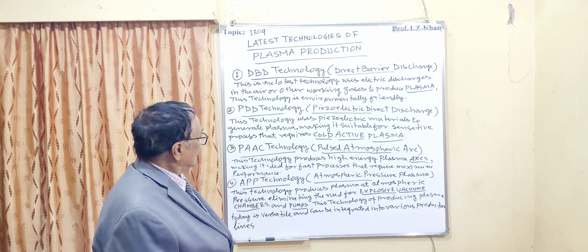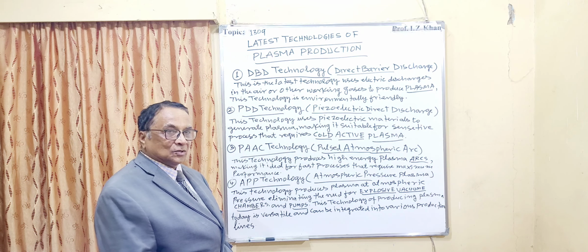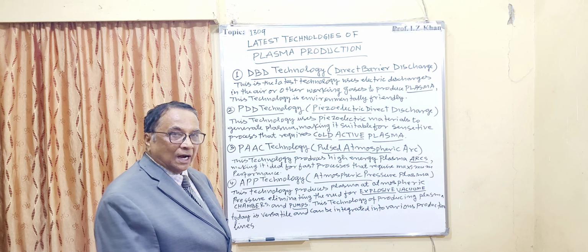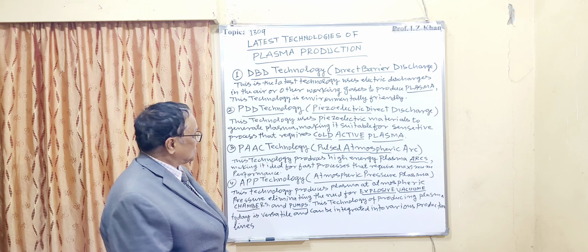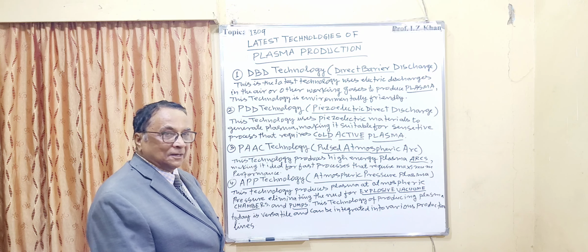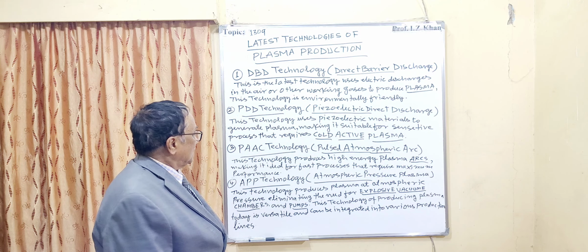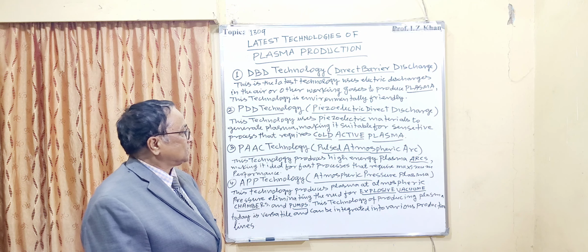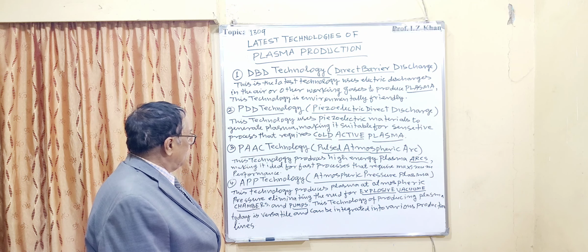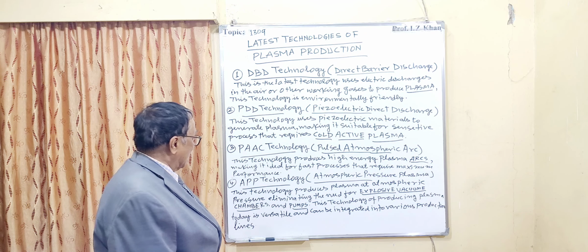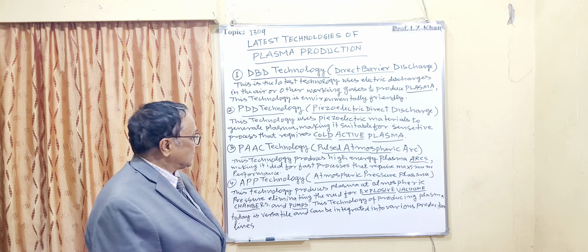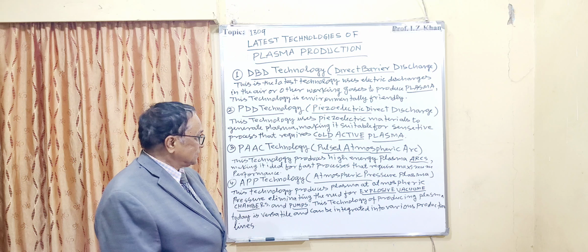And number three, PAA technology. PAA technology means pulse atmospheric arc. This technology produces high energy plasma arcs, making it ideal for fast processes that require maximum performance. And number four is APP technology, that is atmospheric pressure plasma.